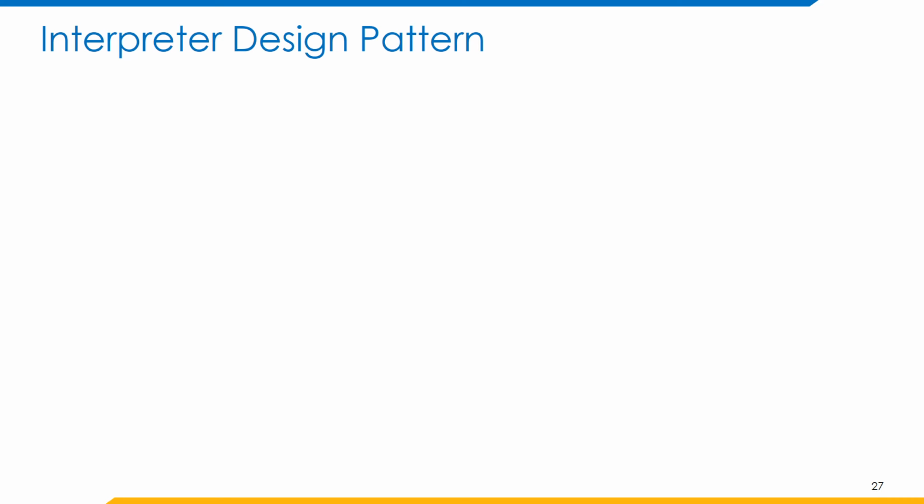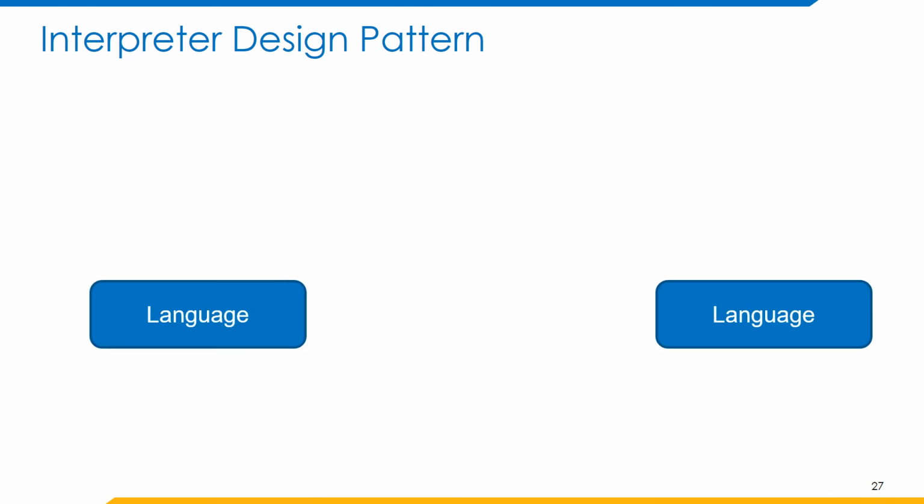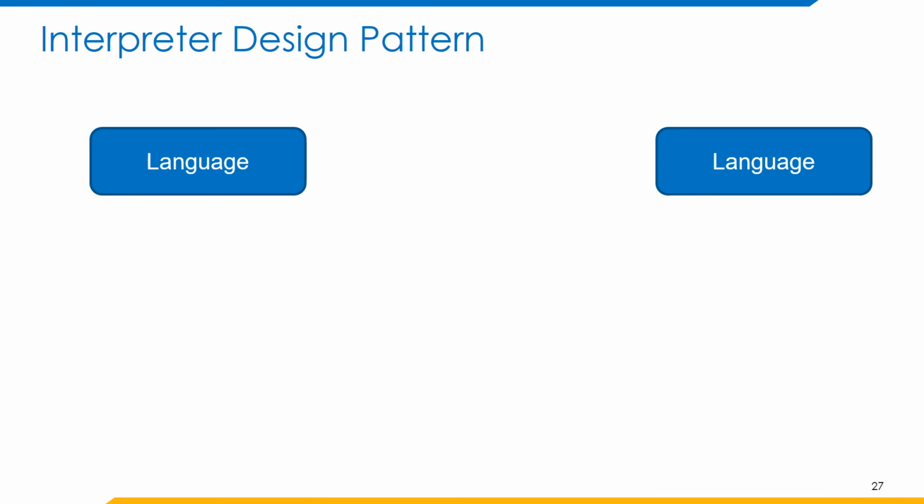We can take an example of regular expression and mathematical expression. Suppose we have a language which is generated by a Java compiler.